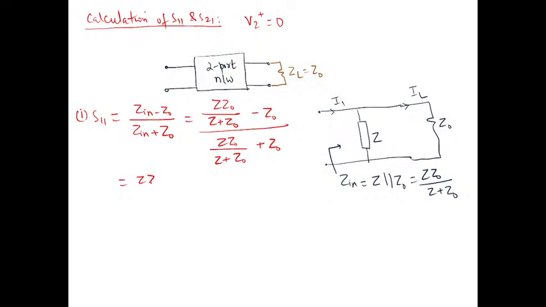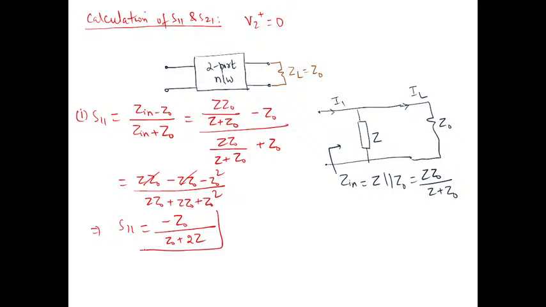So this will be equal to Z Z0 minus Z Z0 minus Z0 square, divided by Z Z0 plus Z Z0 plus Z0 square. So this will get cancelled out, and moreover we can cancel one Z0 from numerator and denominator. So this implies S11 will be equal to minus Z0 upon Z0 plus twice of Z.